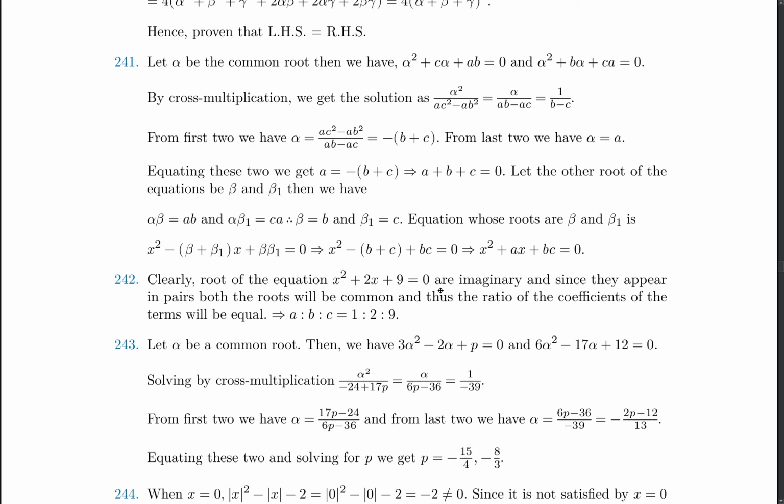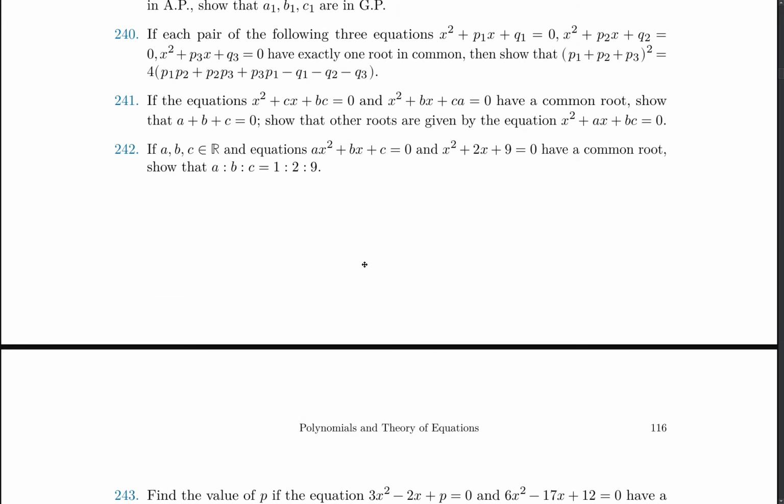So both roots will be common, and therefore the ratio of coefficients would be a is to b is to c is equal to 1 is to 2 is to 9. Now we have deduced the condition for common roots when we did the theory part. So from there it follows that if both roots are common, the ratio of coefficients would be the same.